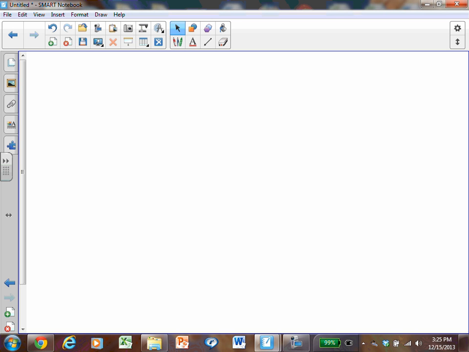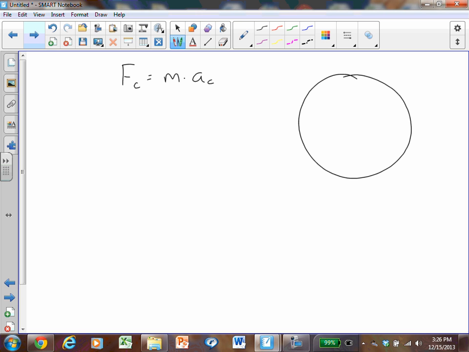So Fc equals m times ac. But for circular motion, going around a circle, it turns out that the acceleration is equal to v squared over r.